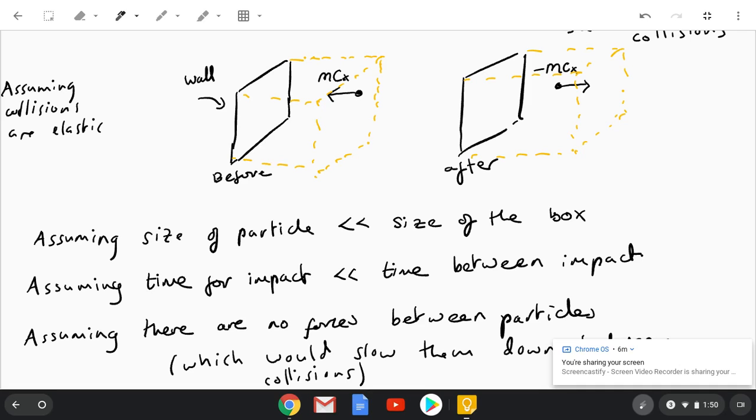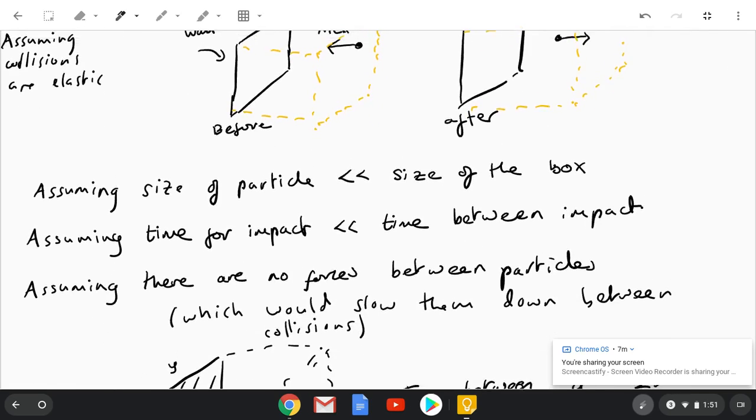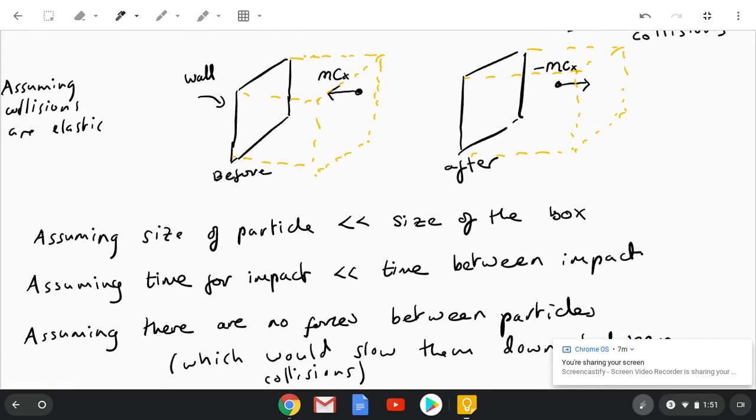So we assume the time of impact, the time the particle is in contact with the wall, is much, much less than the time between successive collisions. One of the reasons we make this assumption, and this was the hardest part for me to get my head around, to be honest, and it's still somewhat like that.